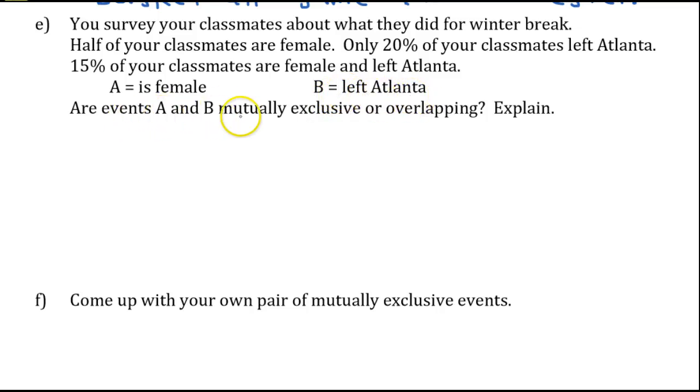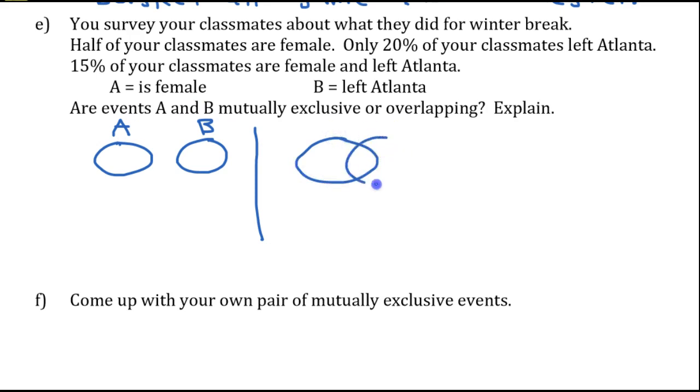Are events A and B mutually exclusive, or are they overlapping? So remember, we're just asking, are these events like this? Okay, and this would be A and B. Or are they more like this? A and B.